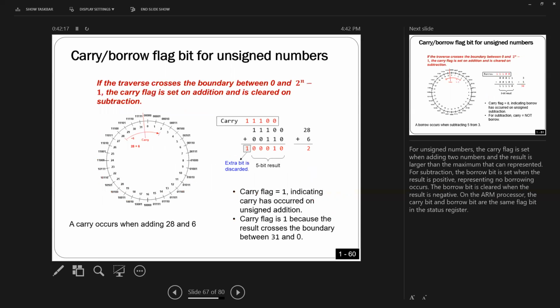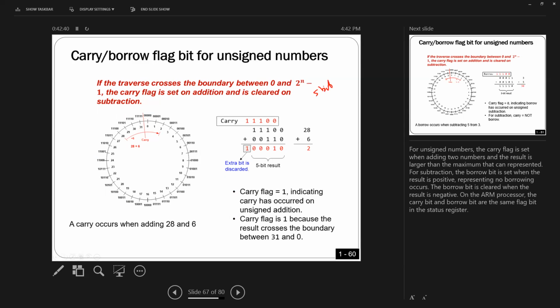Okay. Anyway, here I want you to understand better what we mean by overflow. That's why I have this circle. This circle is very interesting. I'm assuming now I have five-bit numbers. As you see here, guys, the 5-bit numbers go from 0, 0, 0, 0, 0 until 1, 1, 1, 1, 1, which is equal to 31.